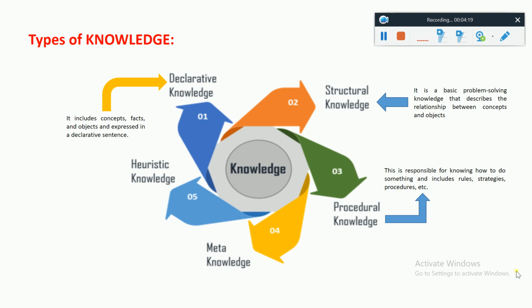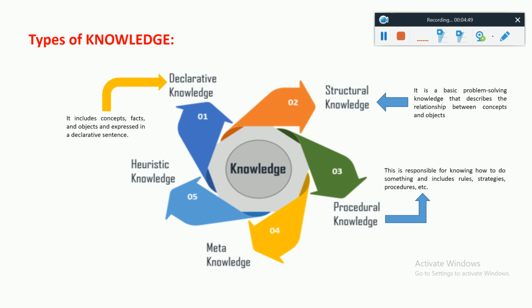The fourth type of knowledge is meta knowledge. That is knowledge about the other types of knowledge. So it is called meta knowledge. And the last one, the fifth one, is heuristic knowledge, which means the knowledge of experts in a particular field or in a particular object or area.